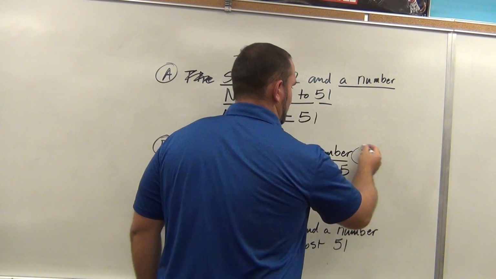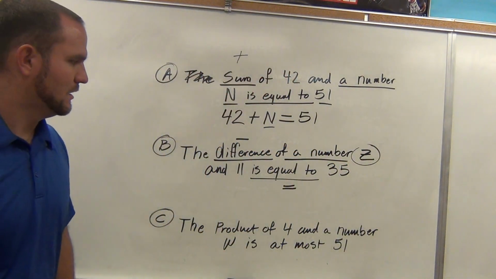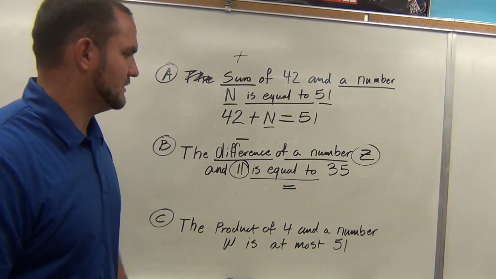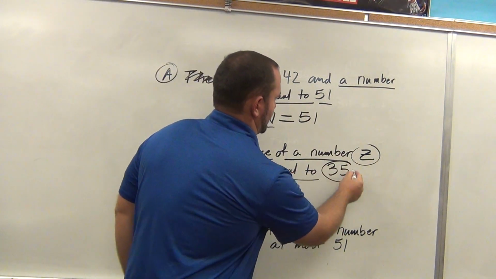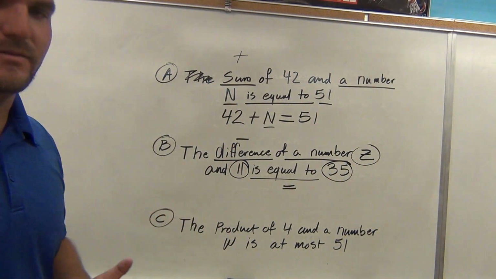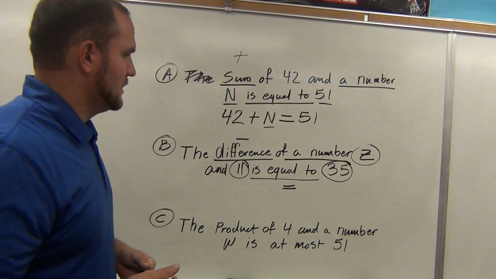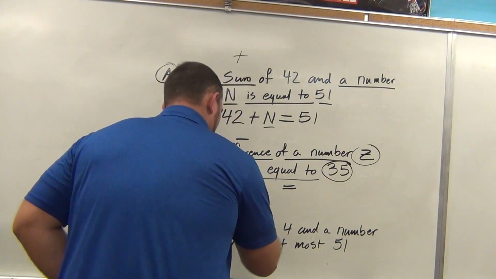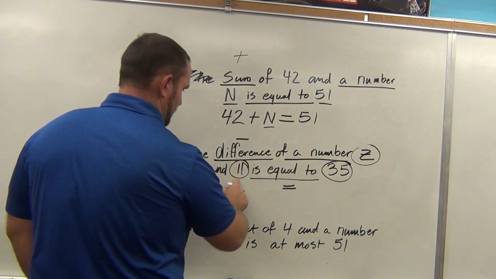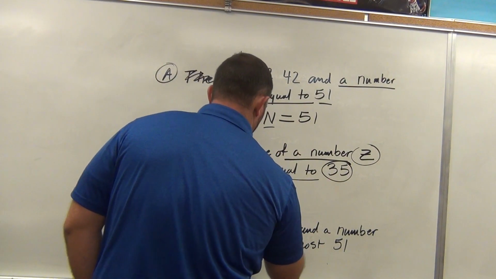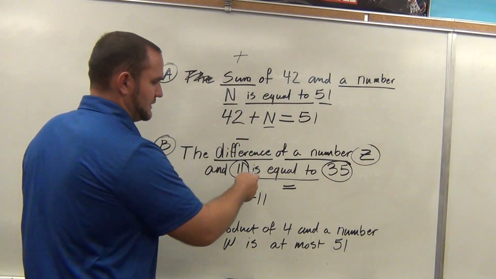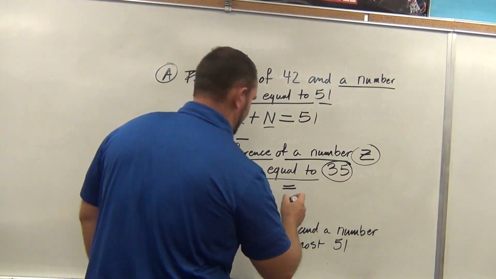That just means that you have a variable of z and your number 11. And then your number 35. Okay, so the difference of a number z and 11. All right, you can do it like this. Put your z here, and the difference of this and that, like that. Okay, so z minus 11 is equal to 35.